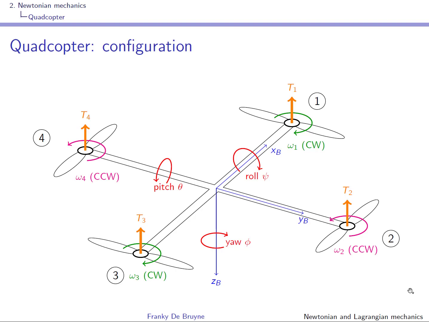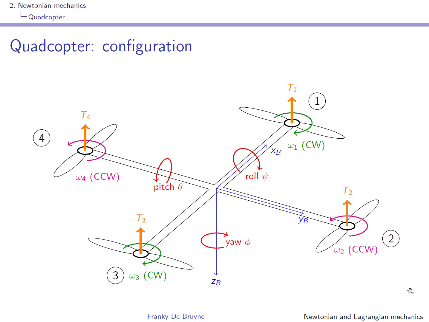Here it's a right-handed coordinate frame, and the Z-axis is pointing downwards. This is often so in applications with flying objects such as a quadcopter.